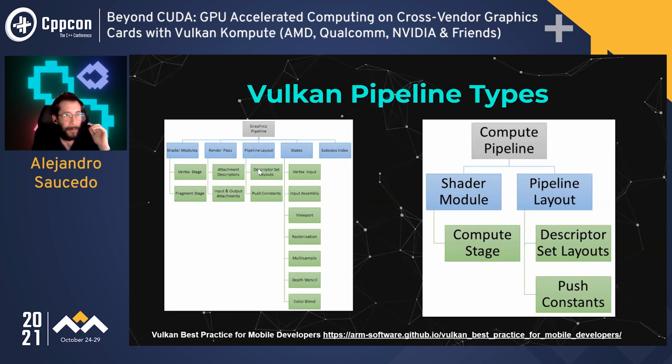Fortunately, the compute pipeline, which is going to be the more relevant one for this talk, has a much lower level of complexity in regards to the options it exposes, right? It has only the components that I mentioned briefly.